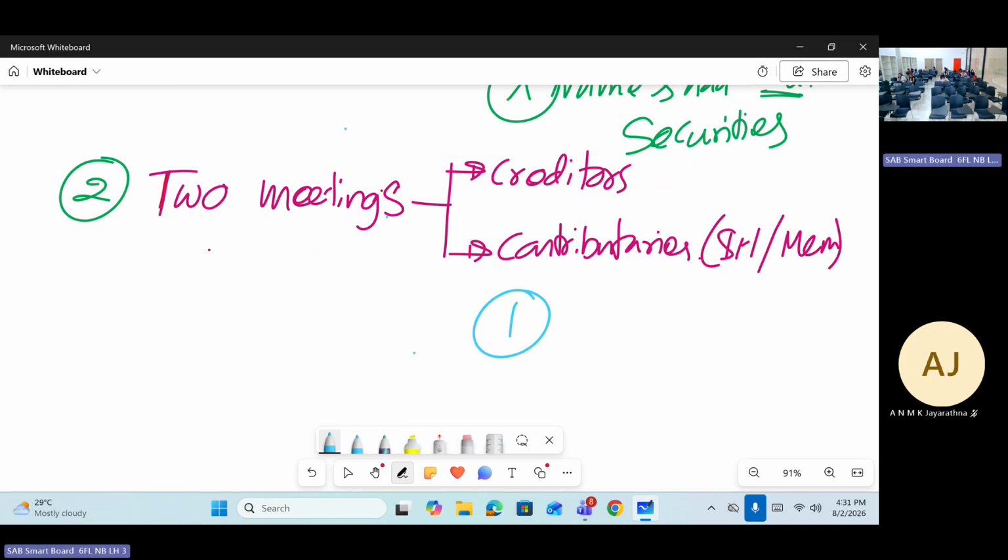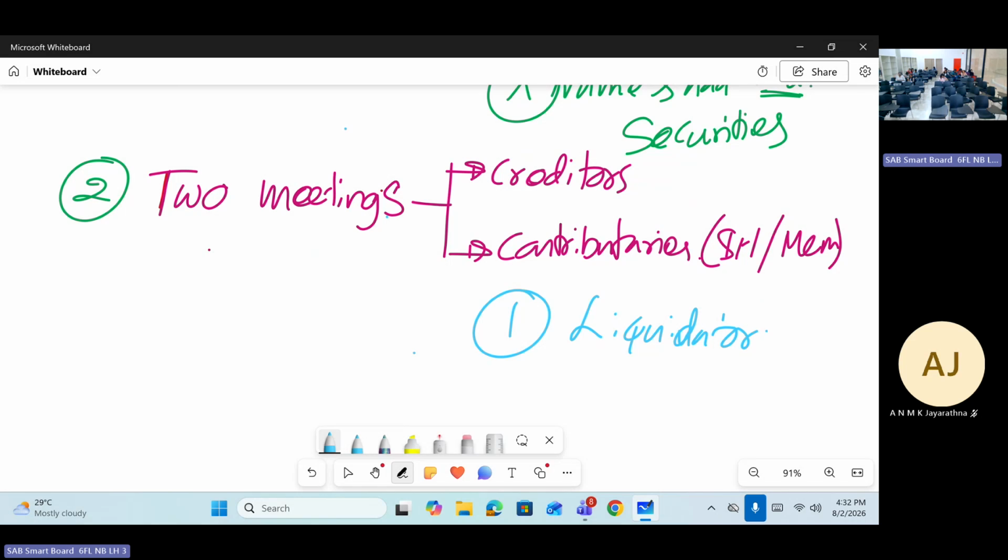Now, the official receiver is the provisional liquidator until the winding up order is given.